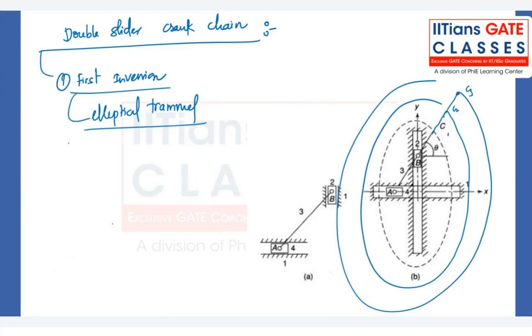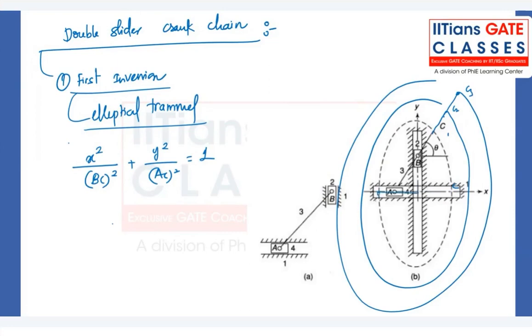So what is the equation of the ellipse in this case? X square divided by BC... Here, the B point will come here and then C will be here. If B comes here then A will come here, so this will be AB, right?